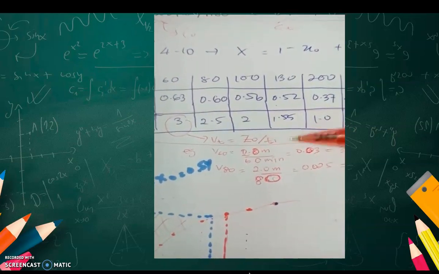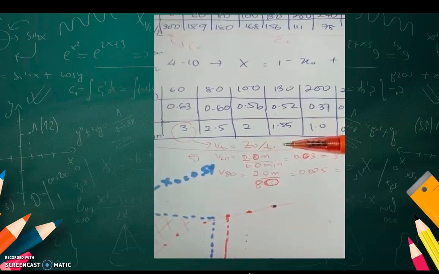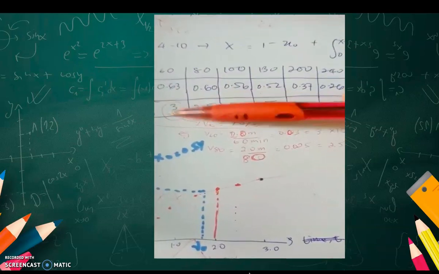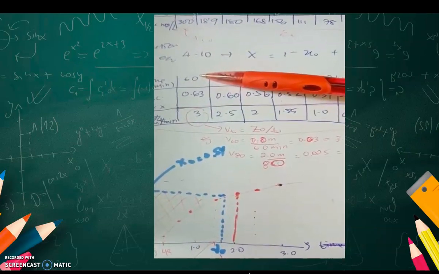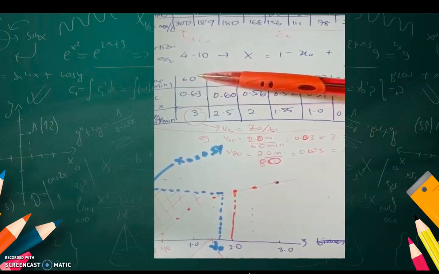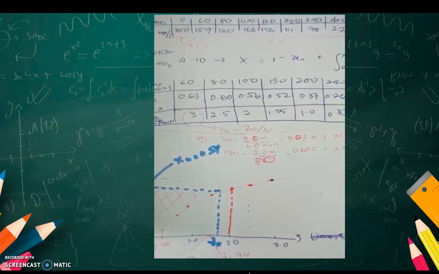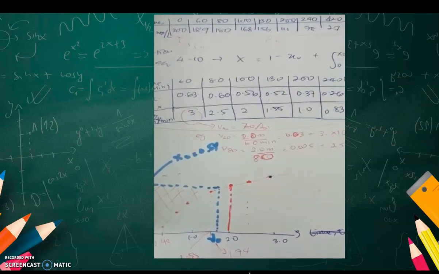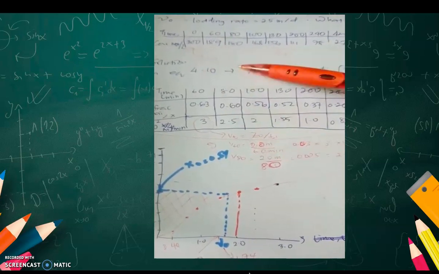Z is distance, t is time, so it will be in meter per minute. For instance, how do they get 3 here at 60? Z naught is 2 meter, because Z naught is your initial depth. So 2 meter over 60, because the timing is 60.